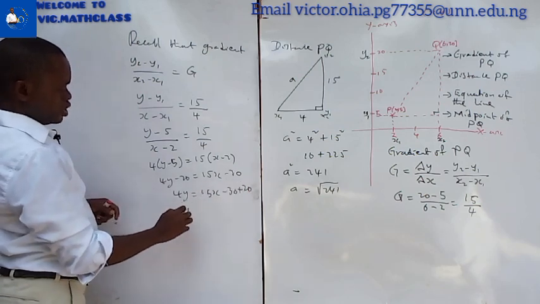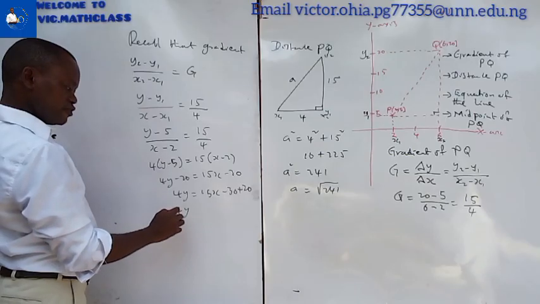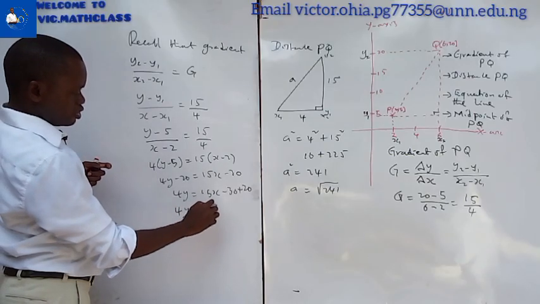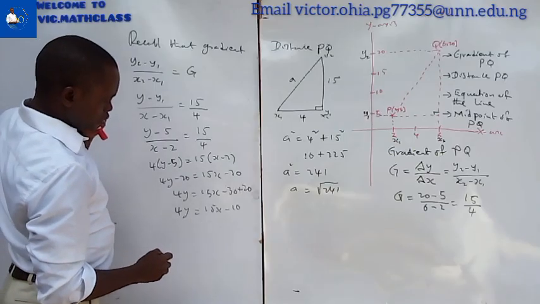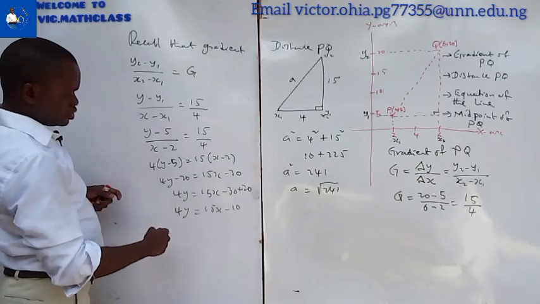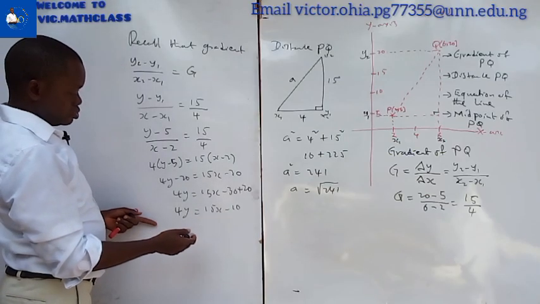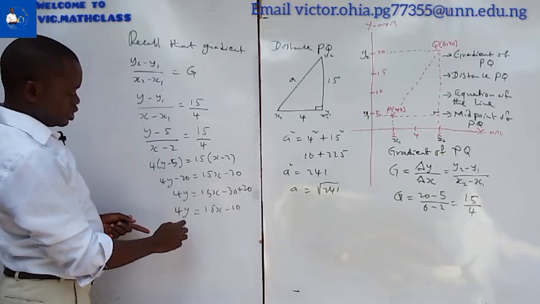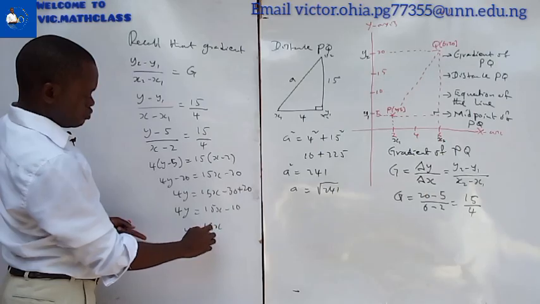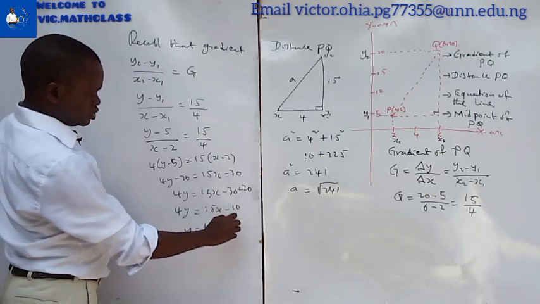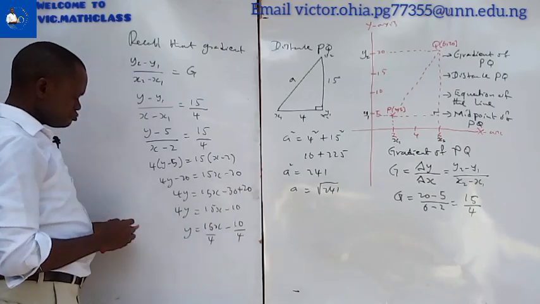So let me take 4y first, equals 15x, this will become minus 10. Is that correct? Yeah, minus 10. So divide both sides by 4. This is the equation already, but if I want to make y the subject, I'll have y equals 15x over 4 minus 10 over 4.